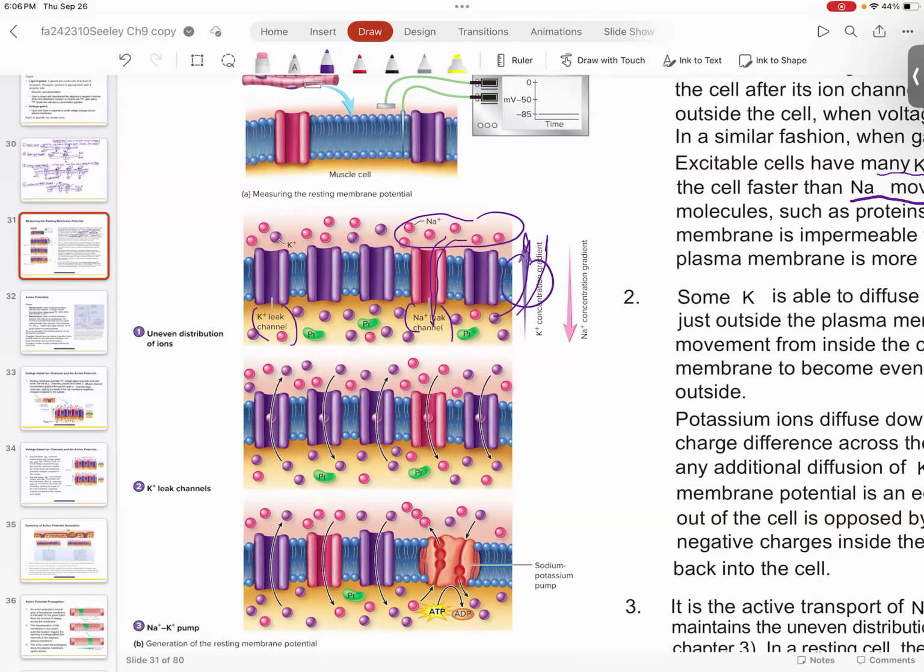In general, when you're looking at your leak channels, what you'll end up having roughly overall is the slow leak of sodium coming in because of its concentration gradient, and the slow leak of potassium going out because of its concentration gradient. And so you'll have these guys going back and forth and back and forth where they'll reach equilibrium.